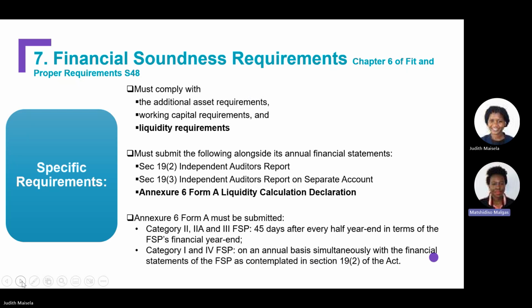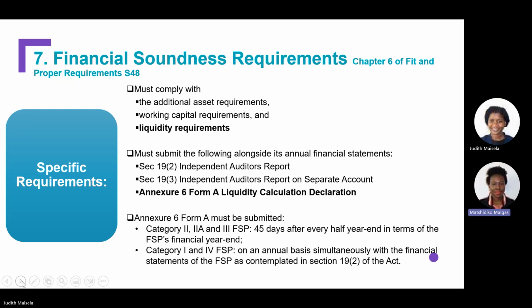For category 1 FSPs that collect premiums and category 4 FSPs, they must submit this declaration simultaneously when they submit their financial statements. So it is submitted only once a year, when they submit their financial statements.